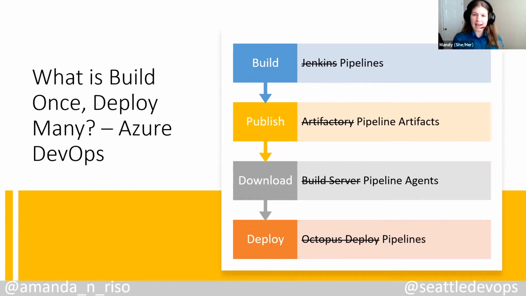Everything is in one YAML file, so your build is in the one pipeline, your publish is in the one pipeline. Azure DevOps also has built-in pipeline artifacts and an artifacts repository that we'll talk about a little bit later. And then they have their own pipeline agents that you don't need to worry about. And then you can also deploy with the same pipeline.